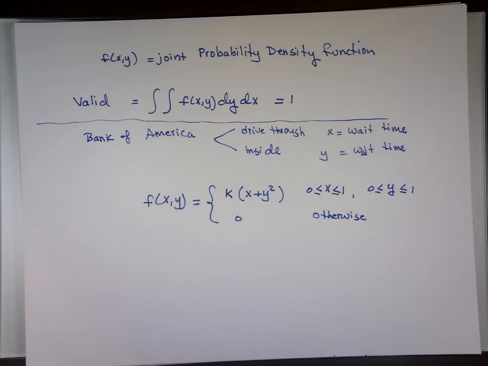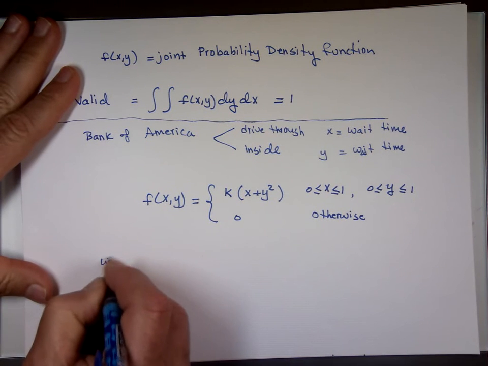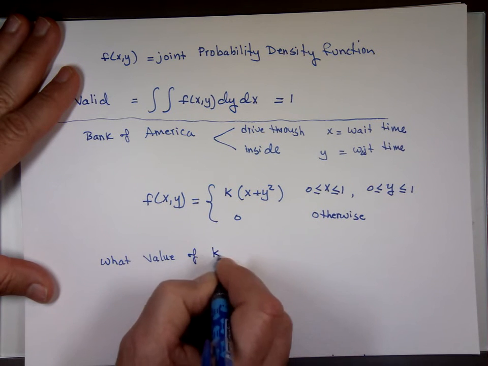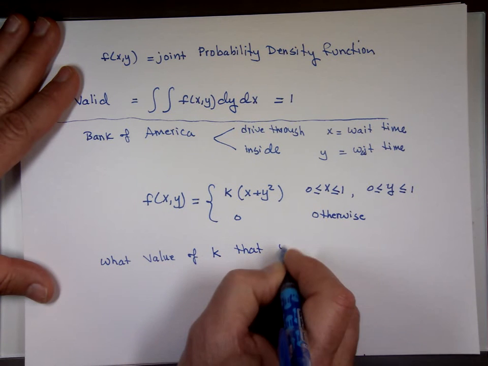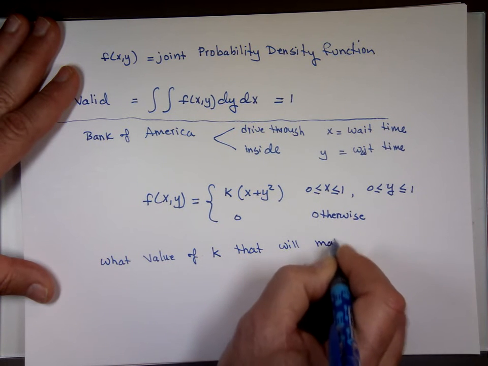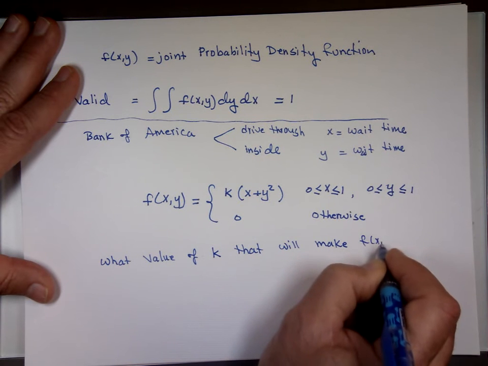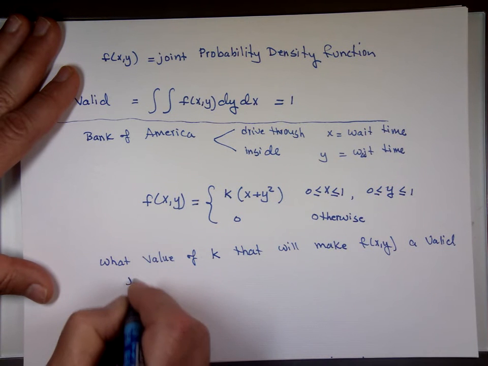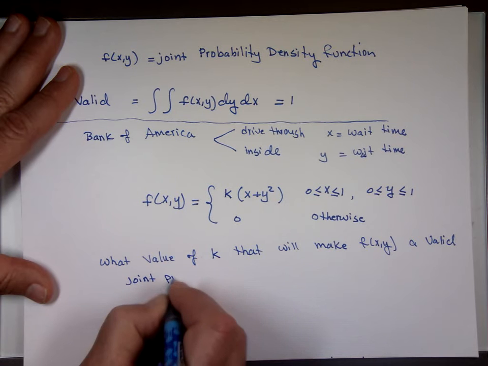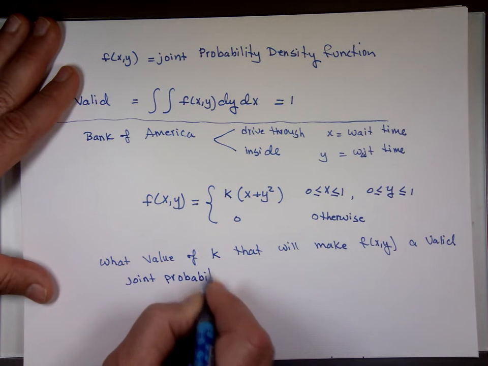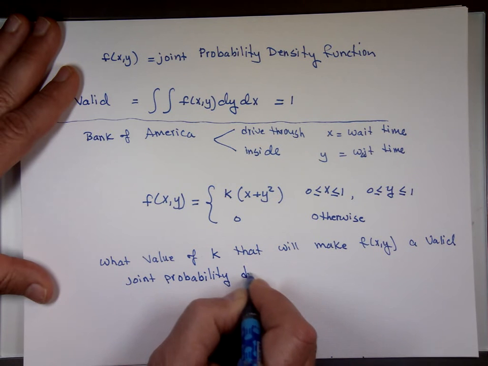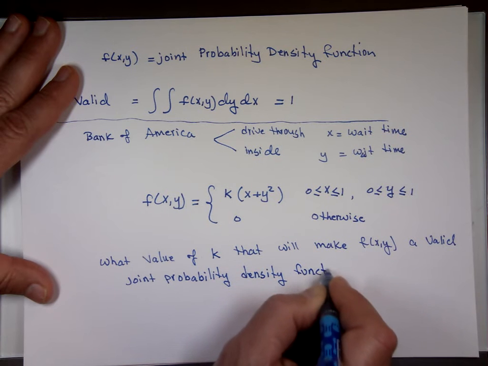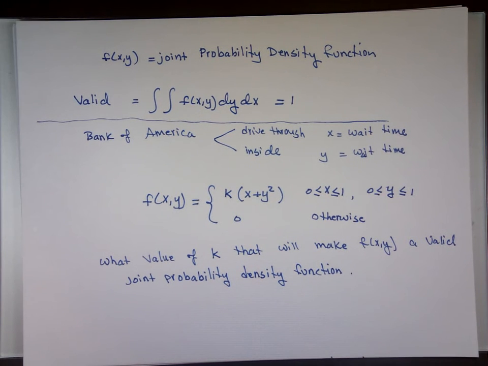And my first question: what value of k, that's a constant, will make f of x, y a valid joint probability density function? What value of k?